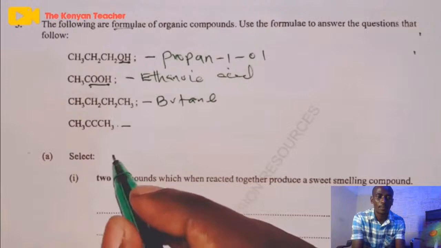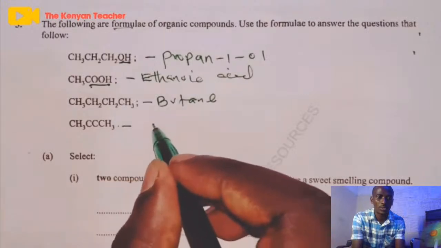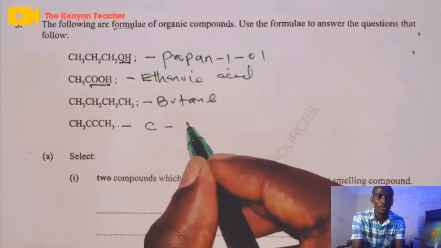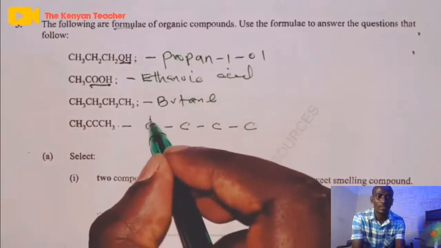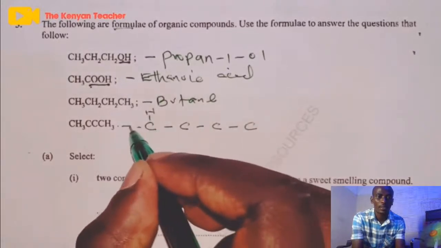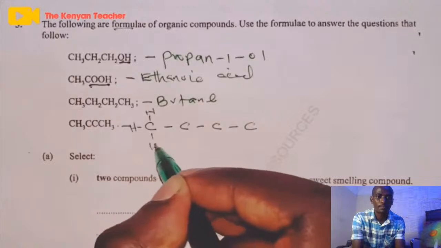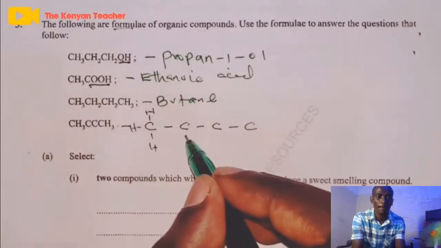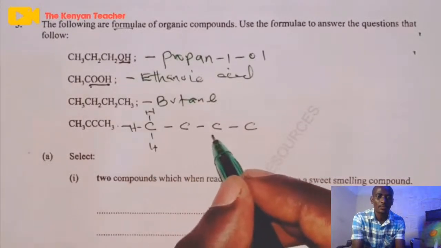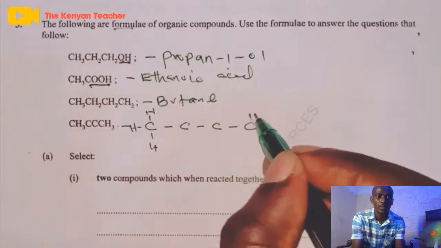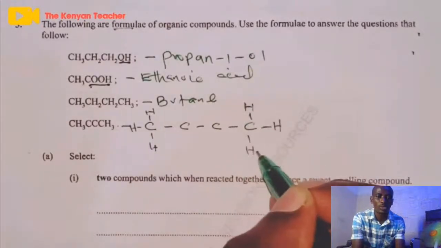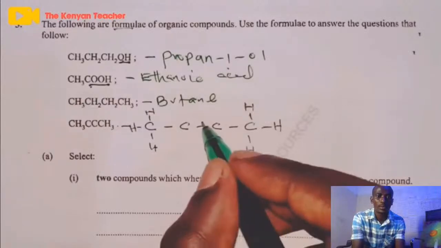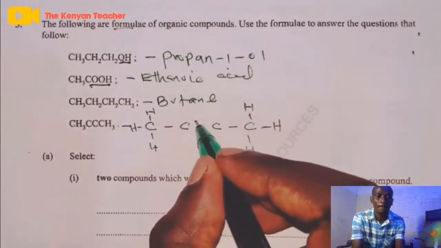Now I want to just write this for you. This is supposed to be written in structural form so that you can see and name it. You realize the position of the double bond is somewhere here.